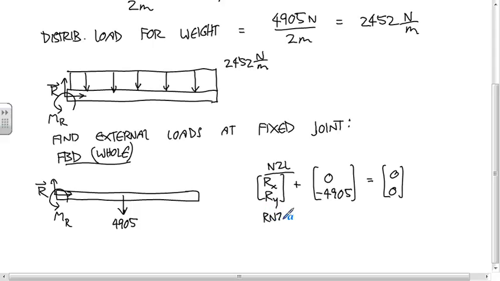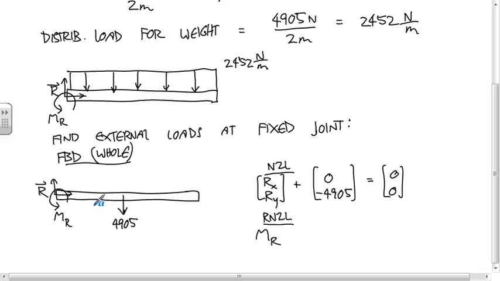The rotational equation says Mr, and then what's the moment produced by the 4905? Yeah, the whole thing is 2 meters. This is acting at a moment arm of 1 meter. It's producing, is it a clockwise or counterclockwise rotation?